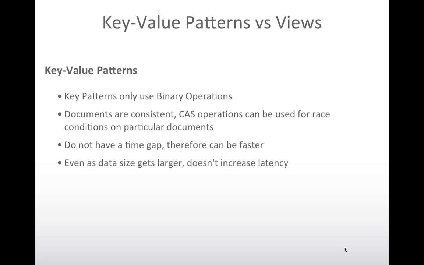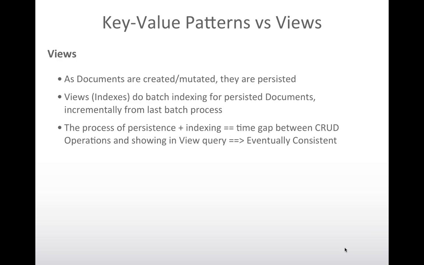By default, we will update the index every 5,000 operations or every 5 seconds, but you can control that inside your application or as a parameter. So key value pattern will be faster, even if the dataset is big, but as the document is created or mutated, the index is updated.